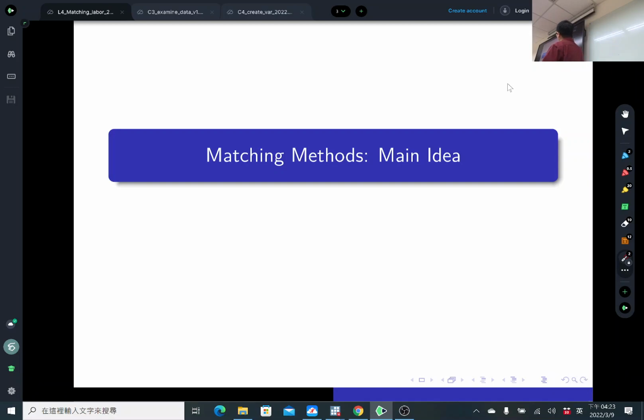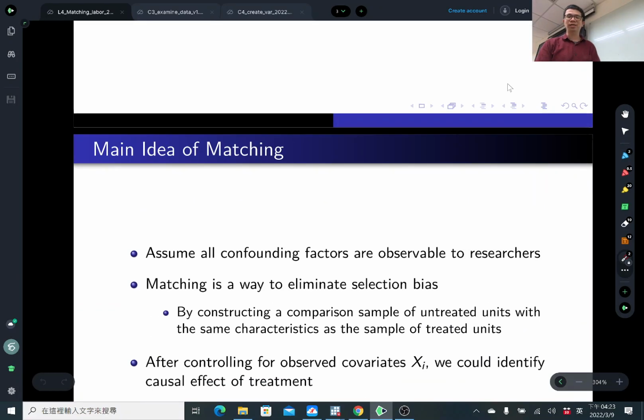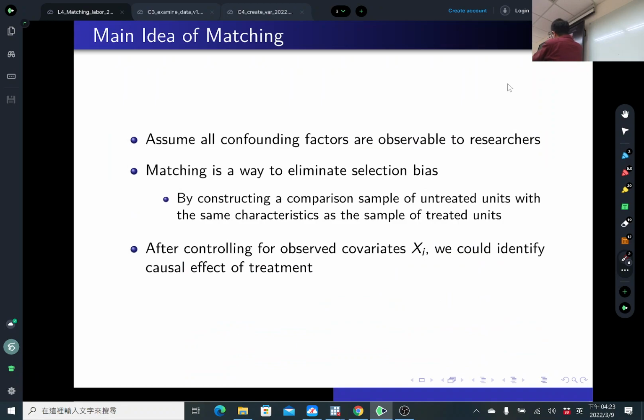So today I introduce the second identification strategy you will learn in this class, the so-called matching method. The key assumption of the matching method is that we assume all confounding factors are observed to the researchers.